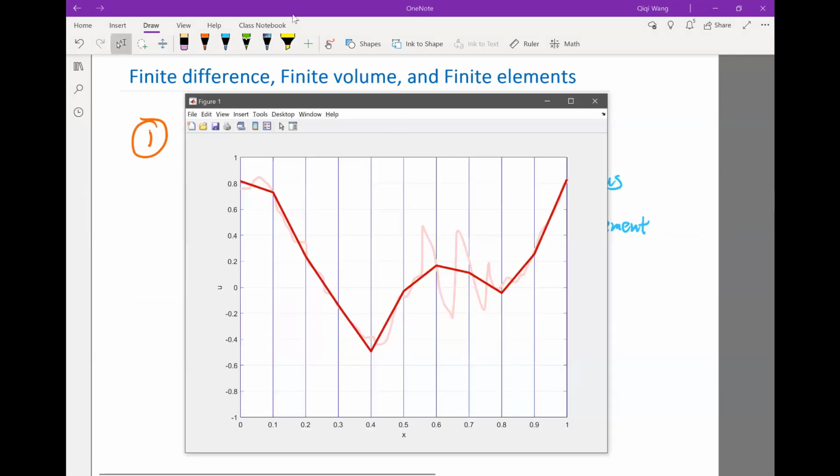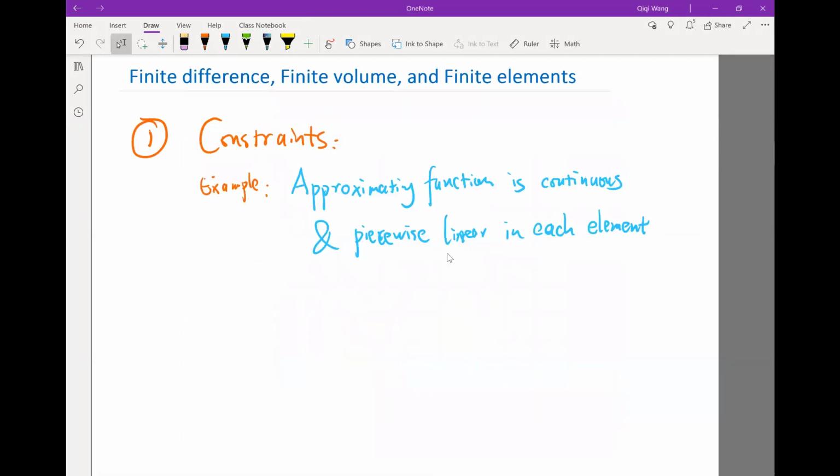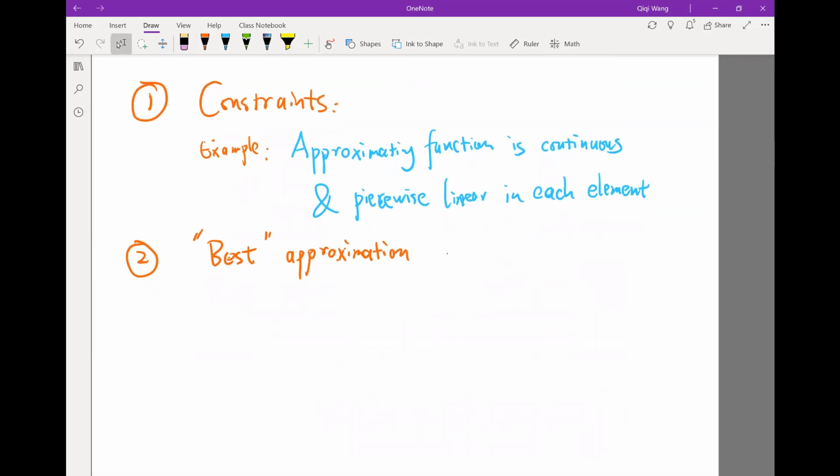So in finite element, the kind of finite element we are looking at right now, within each element, the approximating function has to be linear, okay? Two is that it is the best approximation. Okay, it is the best approximation, and in what sense?